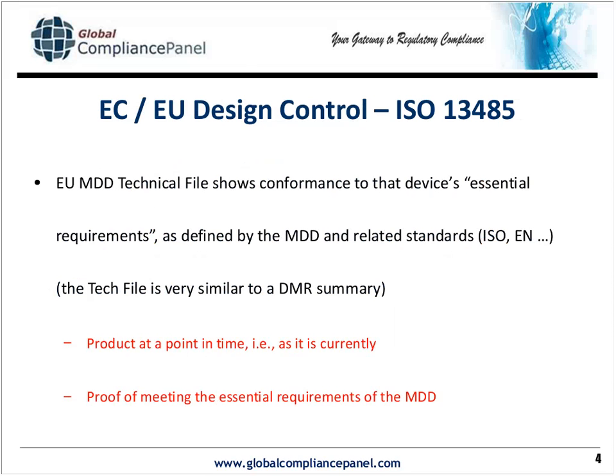The European Union's medical device directive technical file shows that that product has in fact met the essential requirements spelled out in the medical device directive and any applicable standards in the essential requirements. It also shows where the product is as a snapshot in time, or point in time, as it is currently being marketed with the CE mark on it.